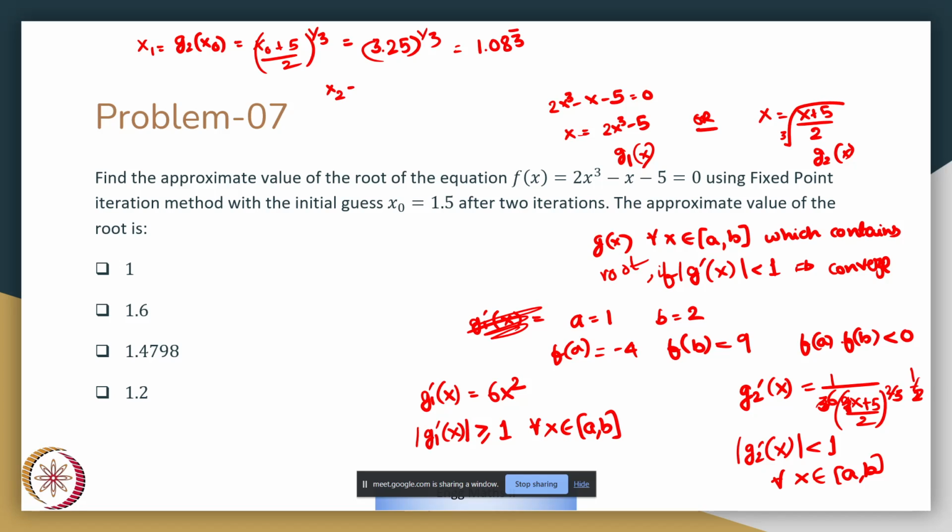If I take x2, which will be g2 of x1, it turns out to be 1.0833 plus 5, which is 6.0833, by 2, so that would be the cube root of 3.0416, which is 1.478. So the closest is 1.479.